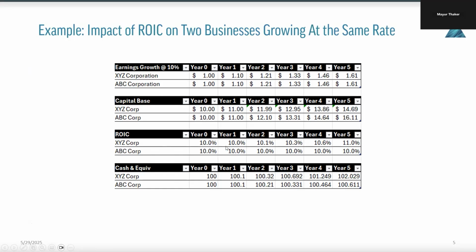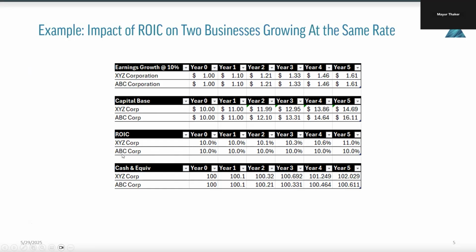And so over time, you can see here that the ROIC of XYZ is actually increasing, despite the fact that profits are growing at 10% and the capital base is growing at 10%. You can see that the ROIC over time is increasing from 10% to 11% by year five.